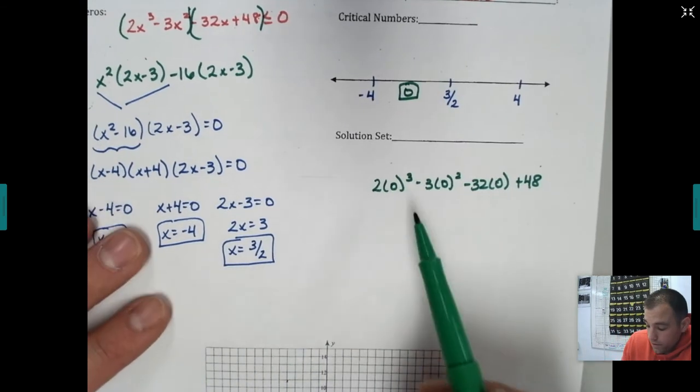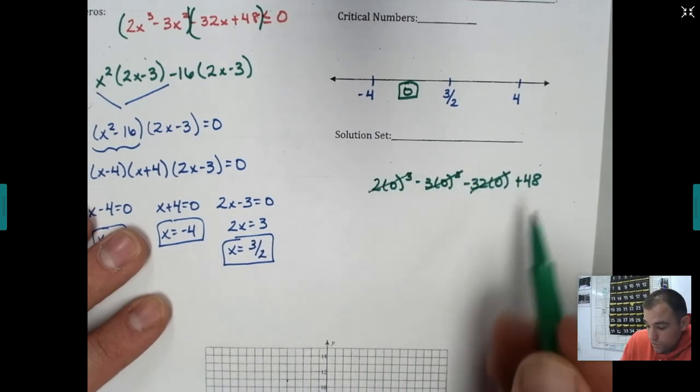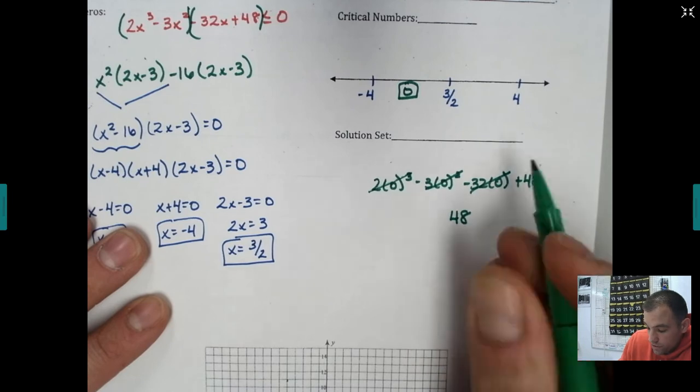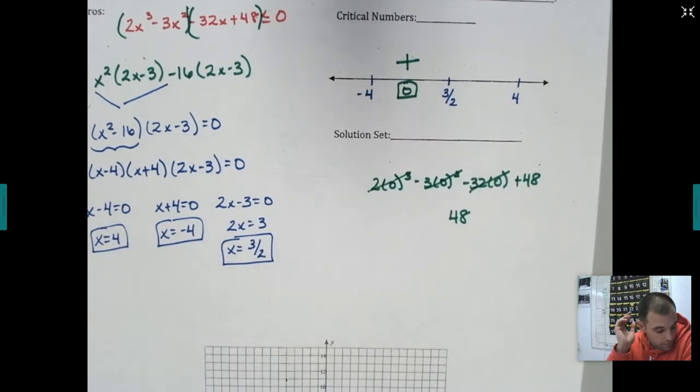If I plug 0 in, this becomes 0, this becomes 0, this becomes 0. So I'm left with positive 48. So that means this entire interval is positive. Okay, the whole thing is positive.